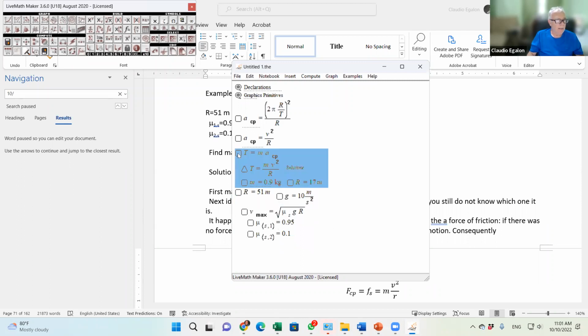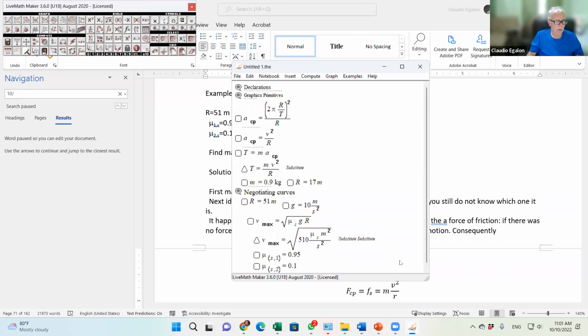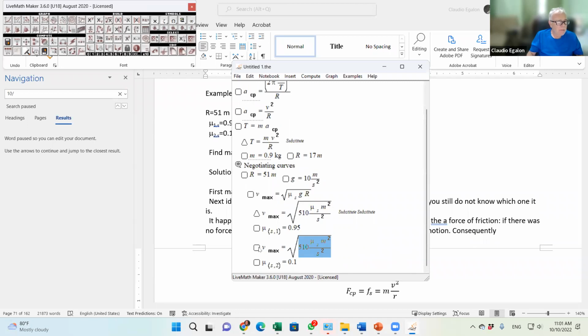Okay, R. One more g here, and now we have to apply it for two different conditions.